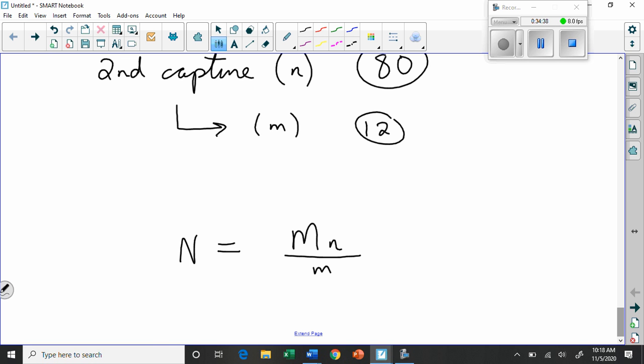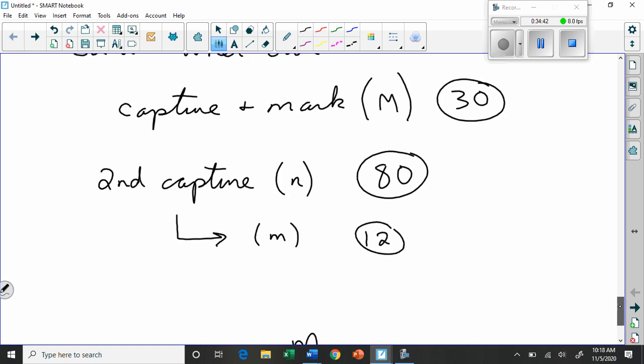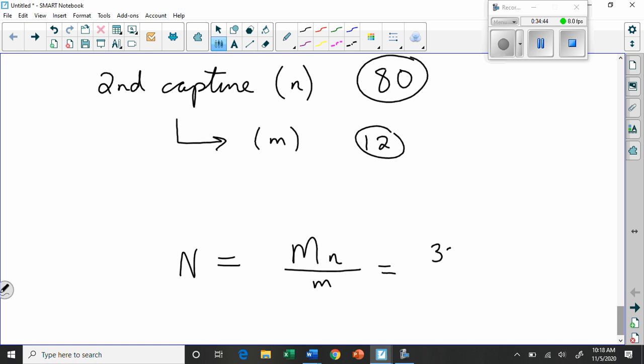And so we plug in the numbers, and we would get our capital M, which is 30, and then our recapture number is 80. And we're dividing that by 12. And that gives us an estimate. So if we do 30 times 80 divided by 12, we get about 200, I think.